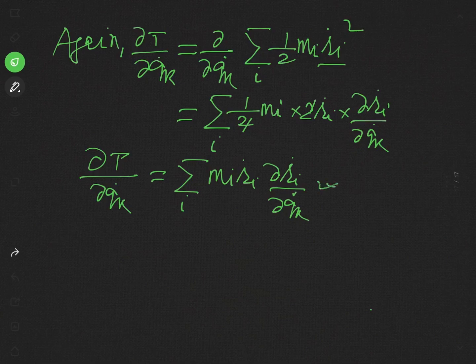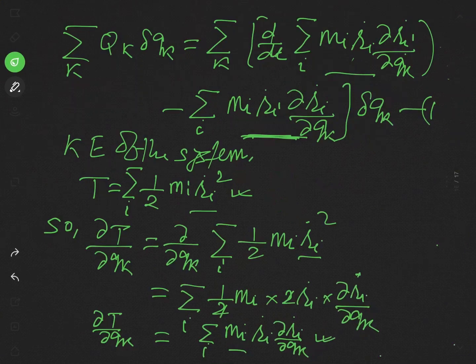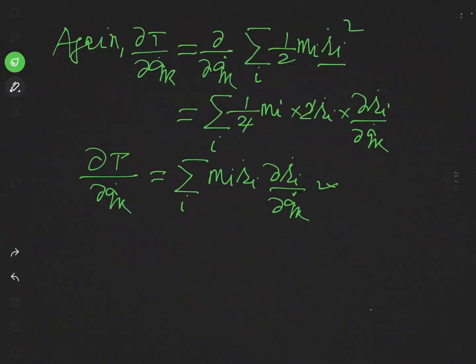So see the above equation. This term, summation over i mi Ri dot del Ri dot by del Qk dot, has been evaluated in terms of kinetic energy.